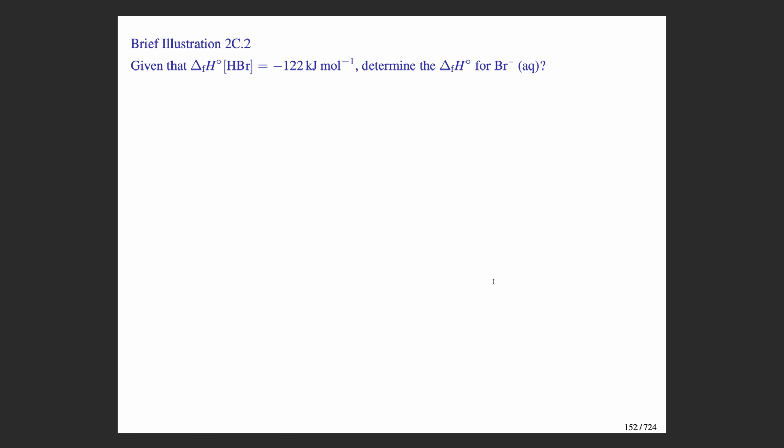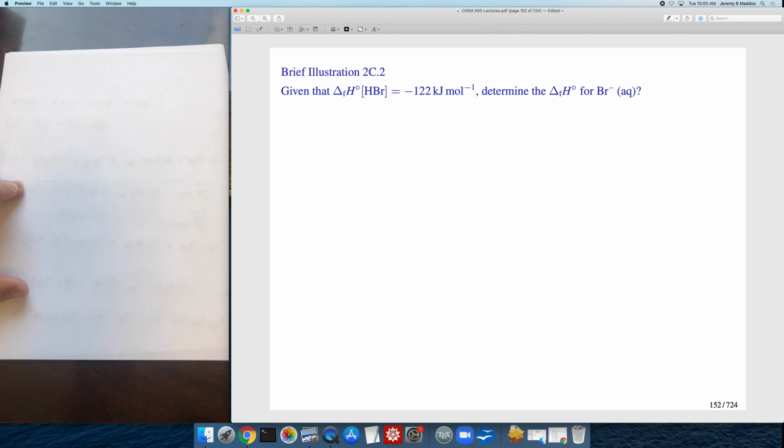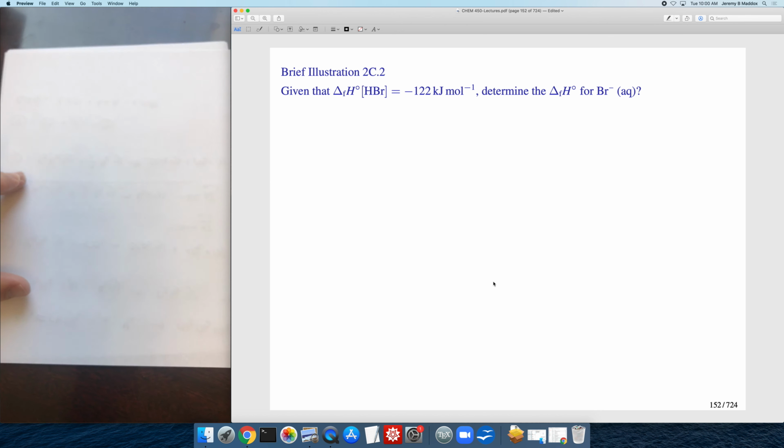So here's a simple illustration that does that. Given the enthalpy of formation for hydrogen bromide, determine the enthalpy of formation for bromide.